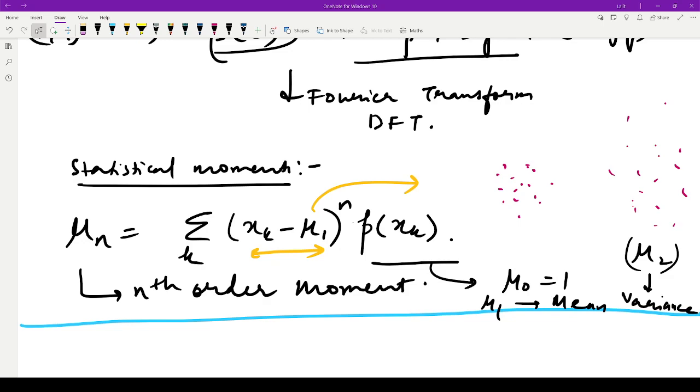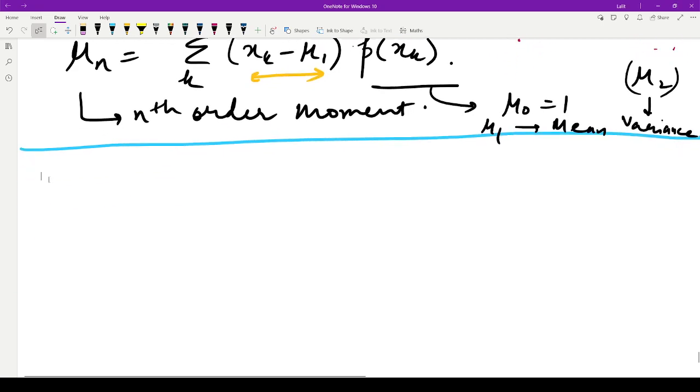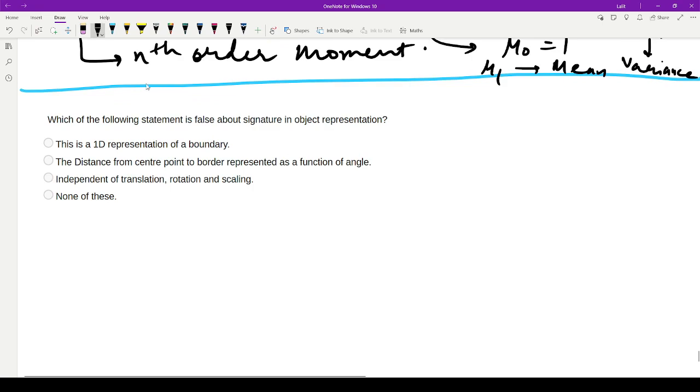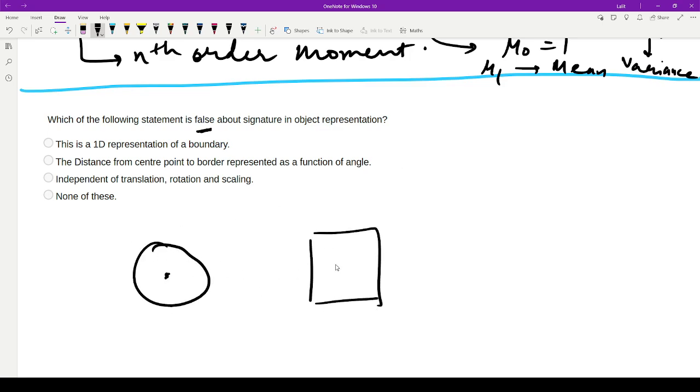Okay. What is this giving us? Another theoretical question. Which of the following statements is false about signature in object representation? What is signature in object representation? If you have an object like this, just take the center of the object, keep a reference axis, which is the x-axis generally, and check the theta.